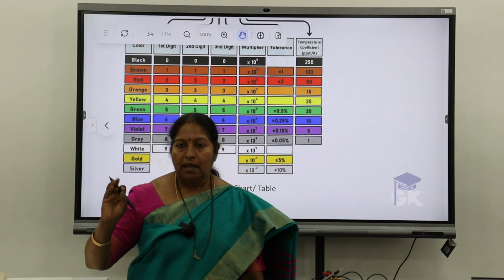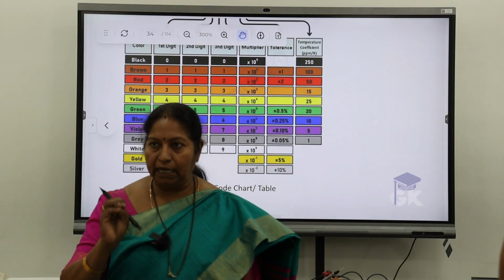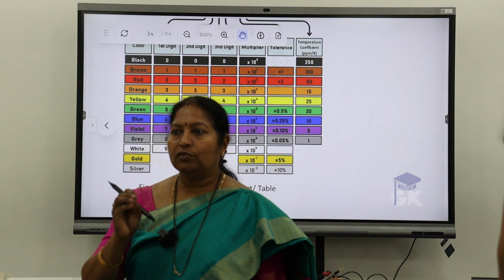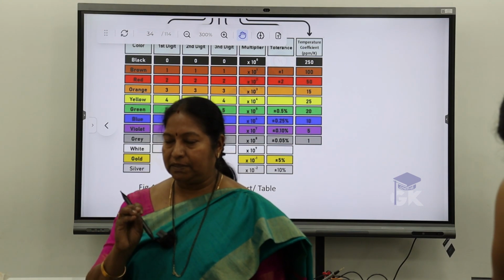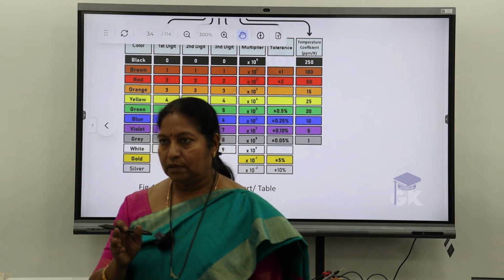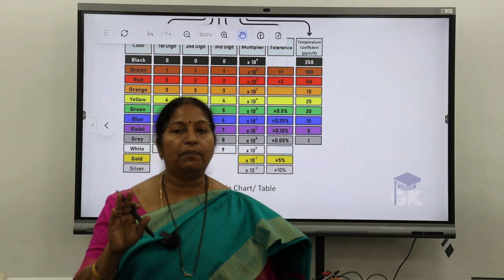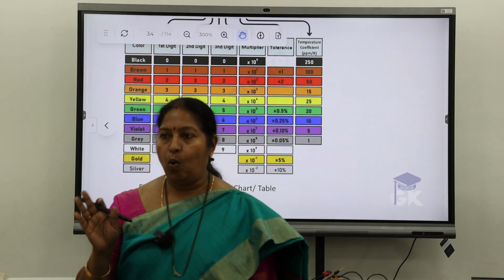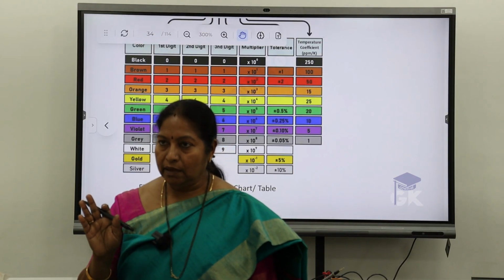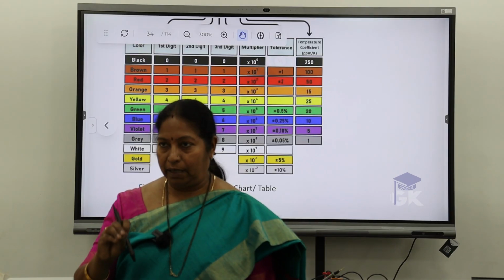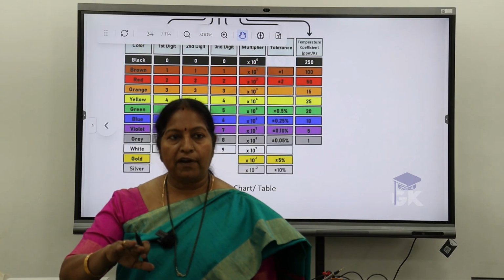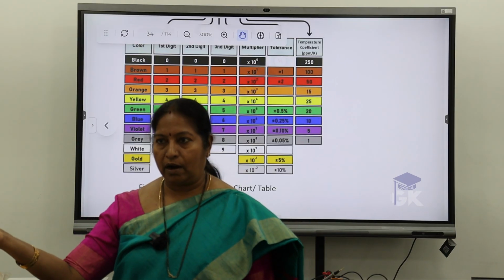Correct? So the meaning here is that the manufacturer has represented the value of the resistor as 100 ohms and it has a tolerance of plus or minus 5 ohms. That means the value of the resistor may be between 95 ohms to 105 ohms.